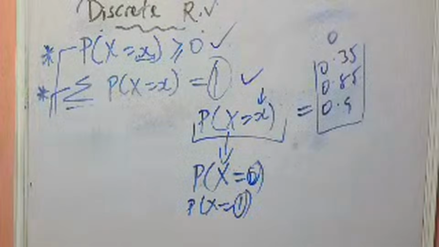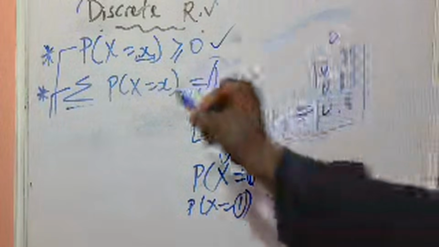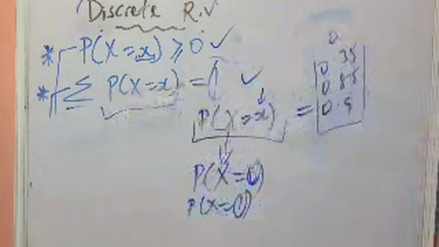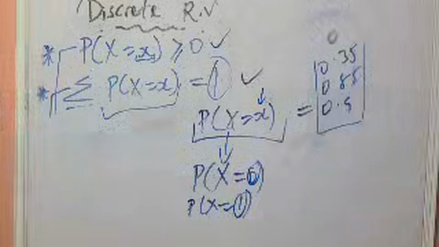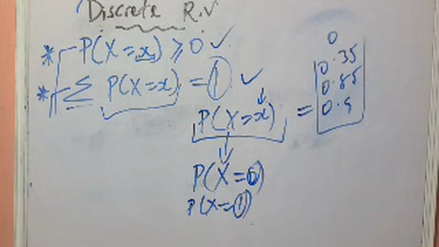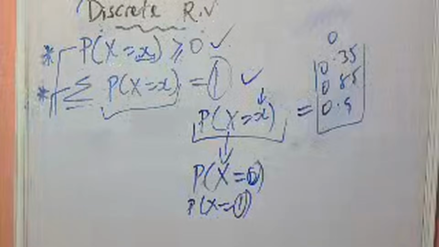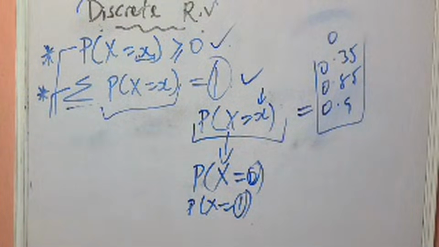Now, the point number 2 is that the summation of all the probabilities, when you sum them all up together, your answer must be 1. Guys, I thought we told you already when we were dealing with probabilities that the summation of all your probability must not exceed 1. 1 is the certain, the whole sample space is embodied around the probability of 1.